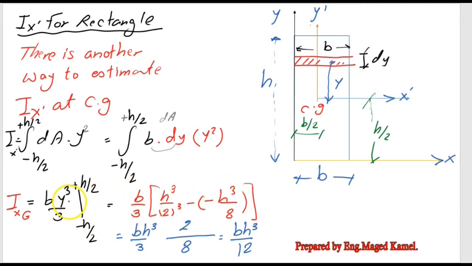Inside the bracket is h over 2 all cubed, which gives us h cubed over 8, minus, open again, minus the minus, we substitute here minus h over 2, so it becomes minus h cubed over 8, and minus multiplied by minus becomes plus. So we have b over 3, and we get h cubed outside, so we have 1 over 8 plus 1 over 8, so this will come at the end as bh cubed over 12, which is the same result obtained by using the parallel axis theorem.